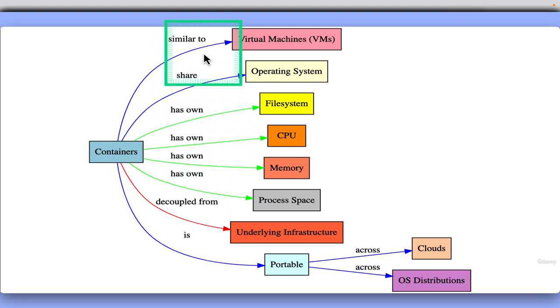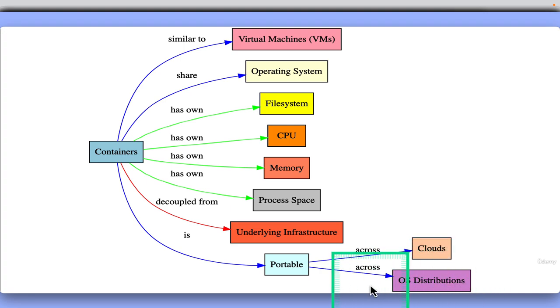So these are the benefits. Containers, similar to VMs, share the operating system, but each has its own file system, CPU, memory and process space. They are decoupled from the underlying infrastructure, and are portable across clouds and operating system distributions.